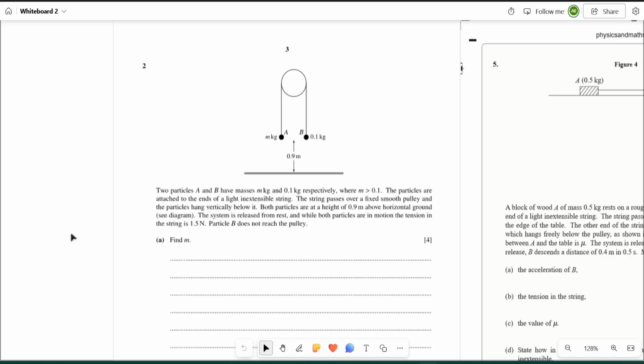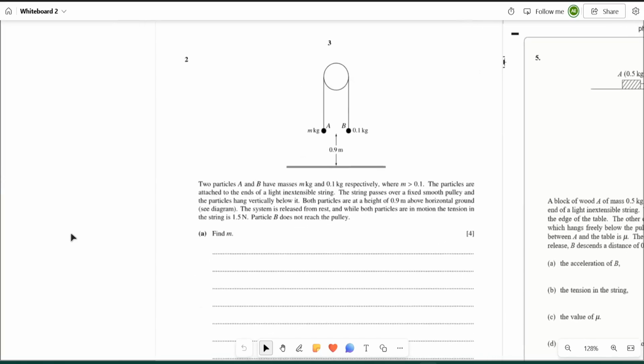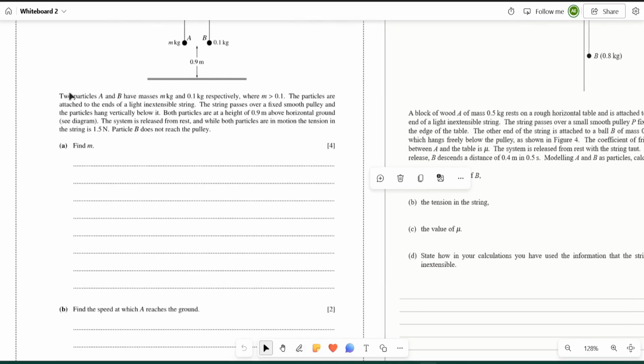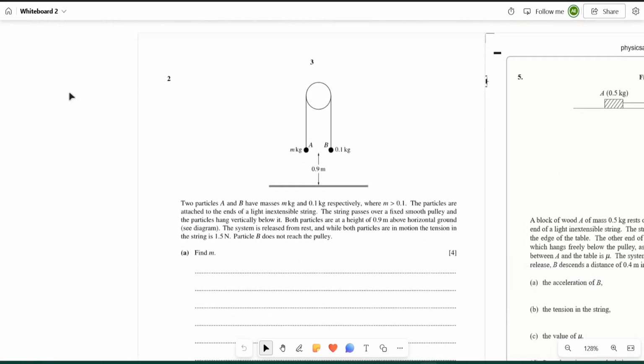This is gonna be a one-stop video that you need to master pulleys, everything from how to solve the different ideas, to knowing the keywords and the meaning and the assumptions of words like light string, light pulley, smooth pulley. What do these all mean? Because sometimes they ask, like in this question, state how in your calculations you've used information that the string is inextensible. I'm going to be going through all of this, and I hope you benefit from this video.